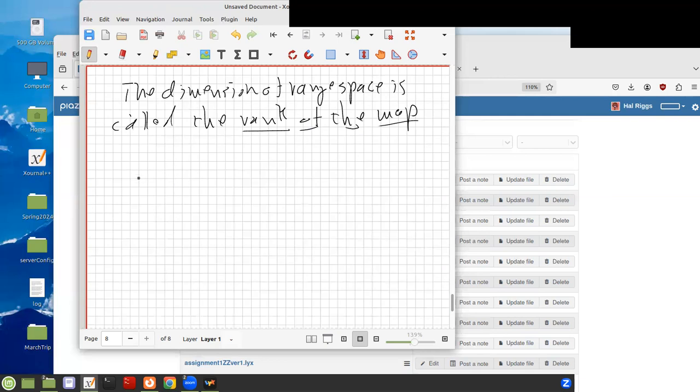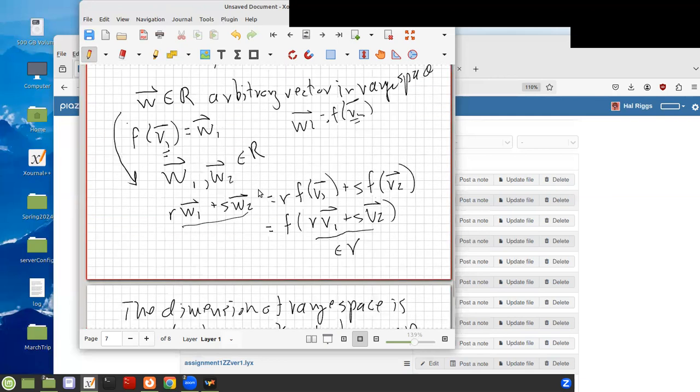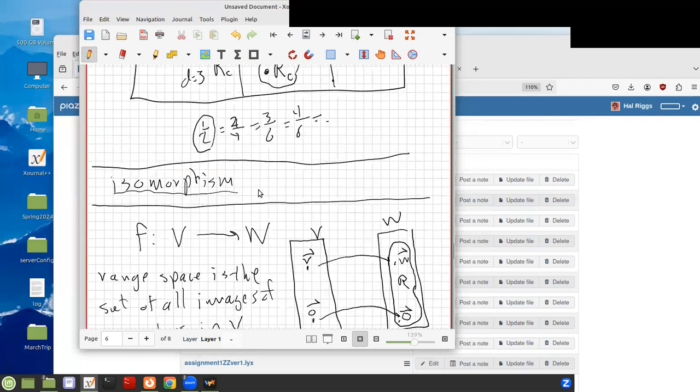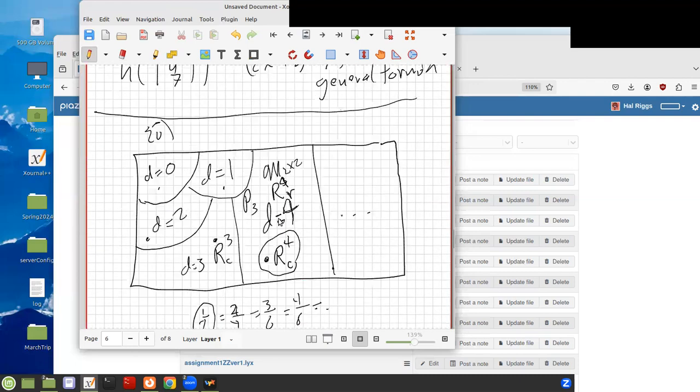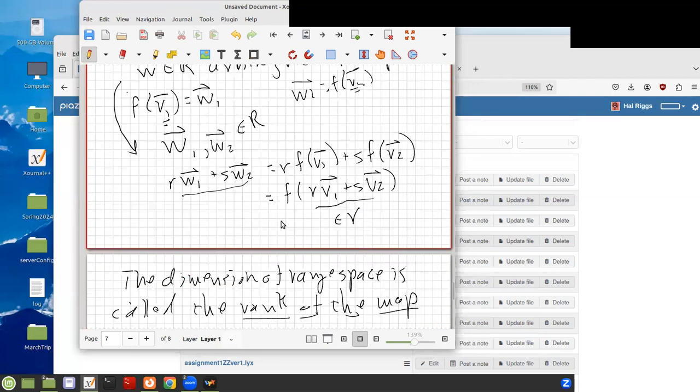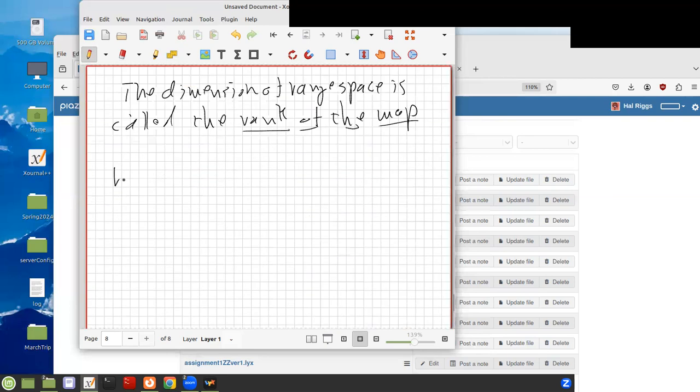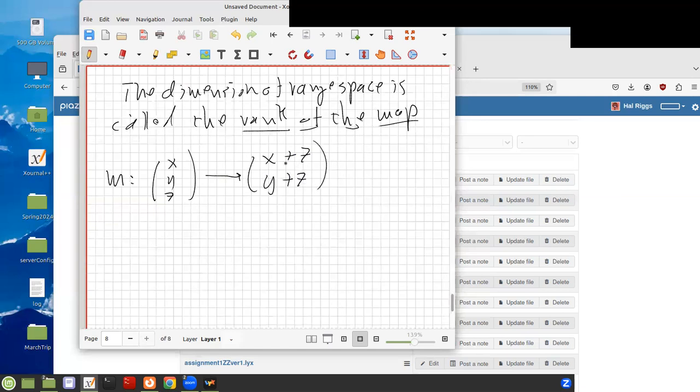Okay, well, how do I find it? Let's say we're given a simple map. Let's say I'm given the map M from X, Y, Z that goes to X plus Z, Y plus Z. How do I find the range space?